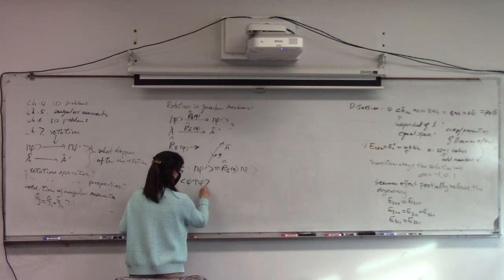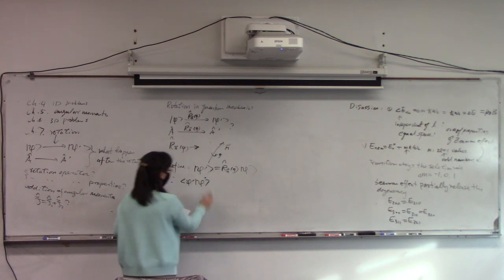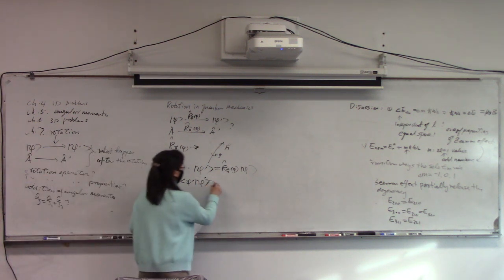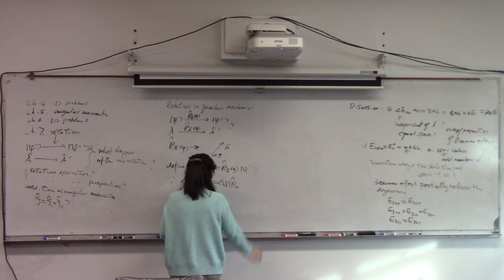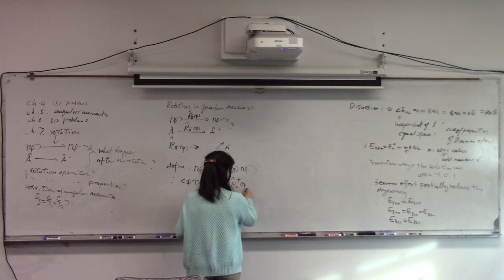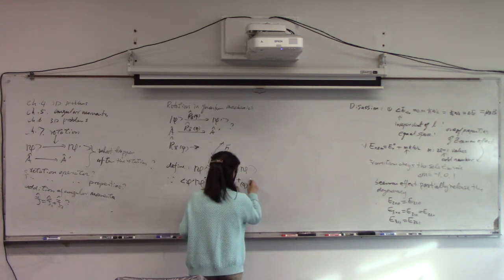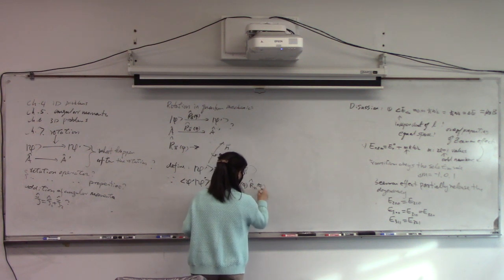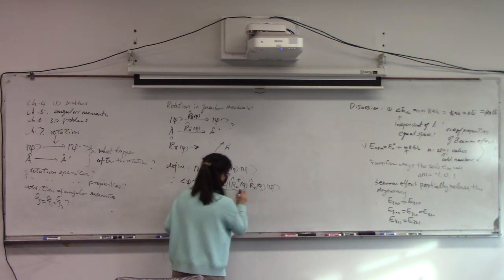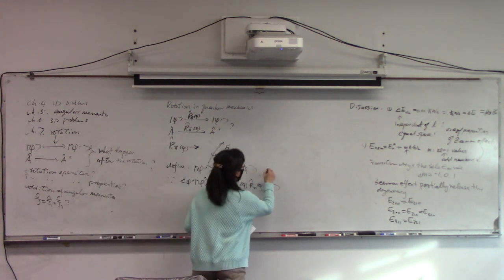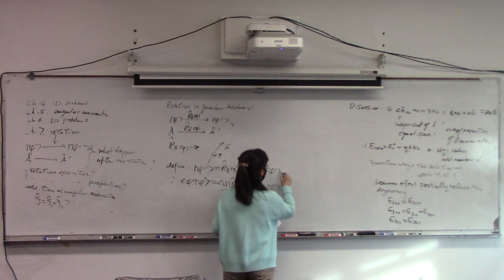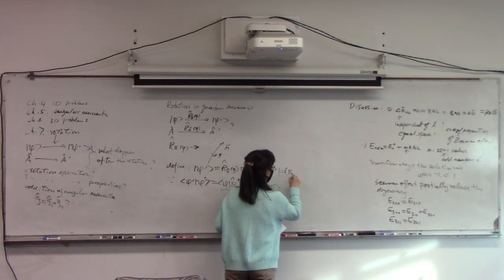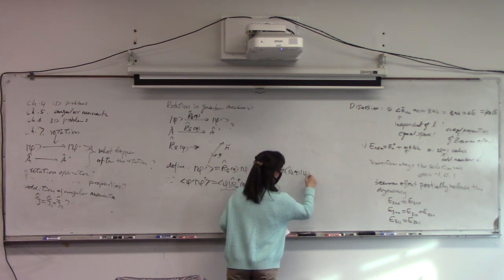The inner product of the states should be equal to this. If I write this down, I hope you remember: the dagger means taking the complex conjugate, as in chapter 2.